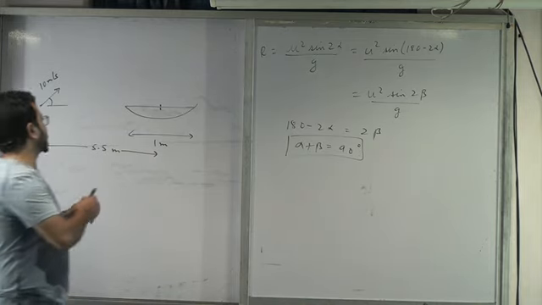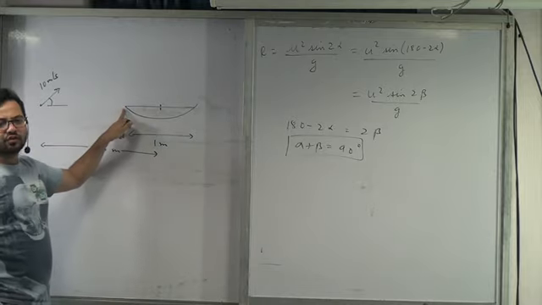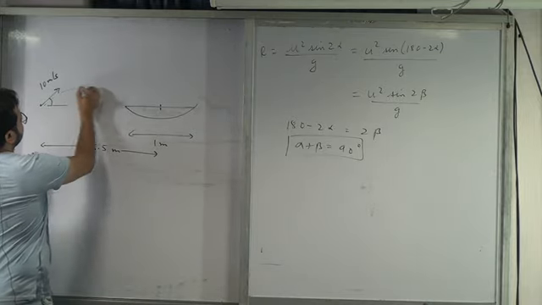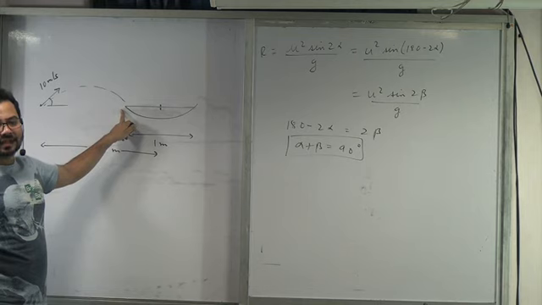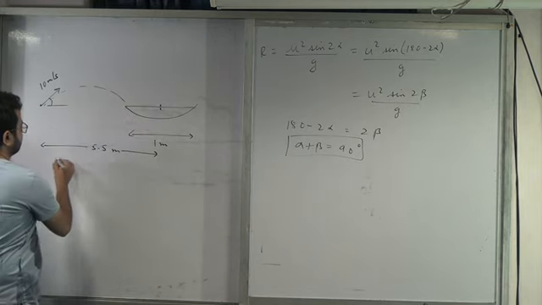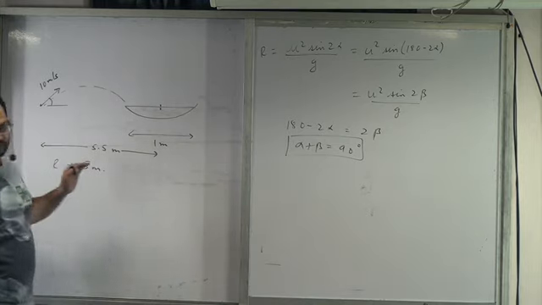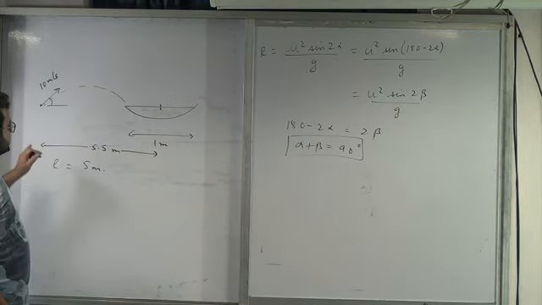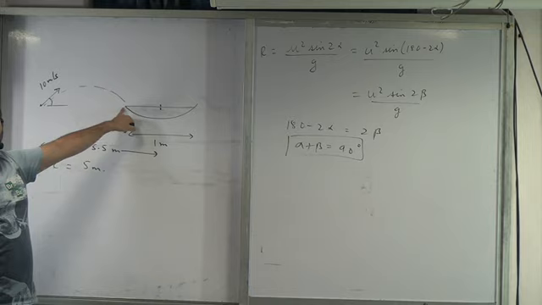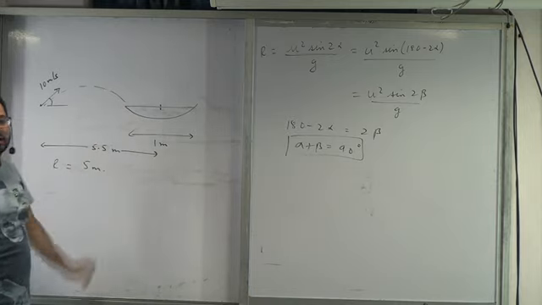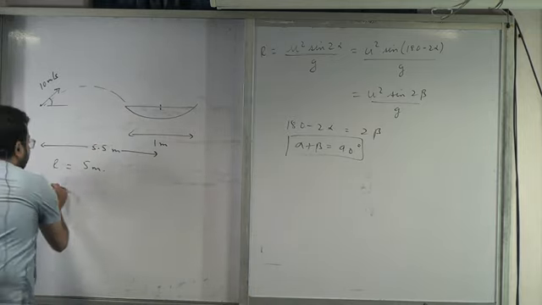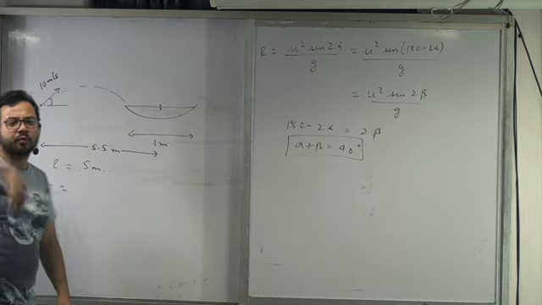All right. First of all, if it has to reach this end, listen. If it has to reach this end, the range is how much? 5 meters, no? So if it reaches the left end, the range will be 5 meters. If you put in everything, what would you get as theta?